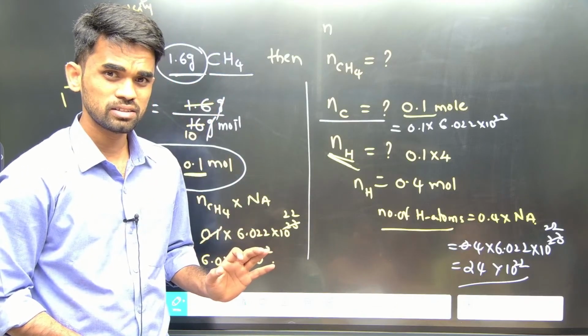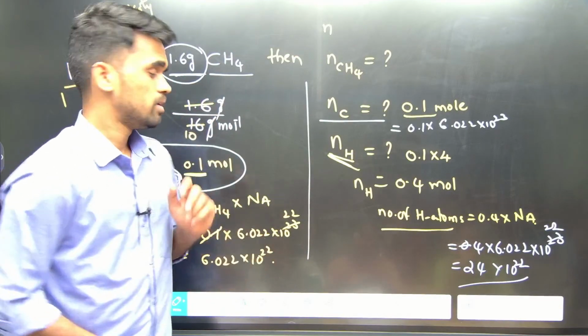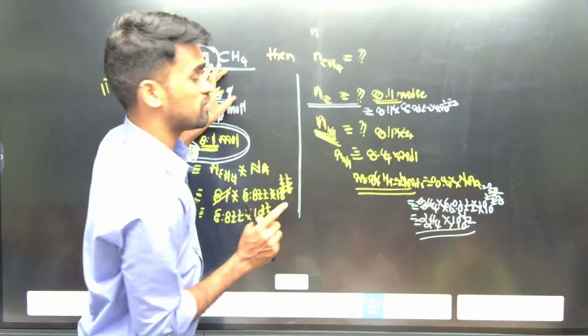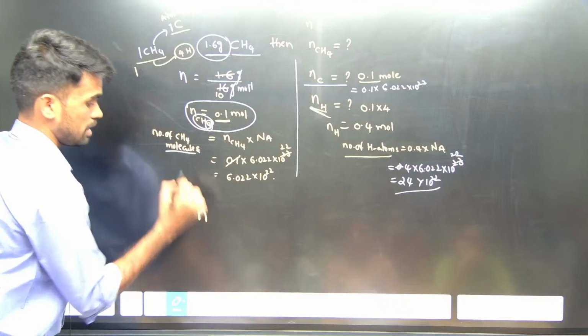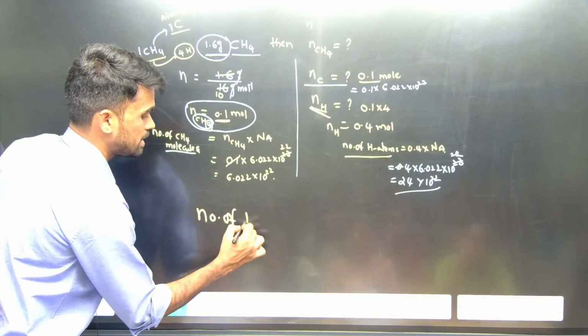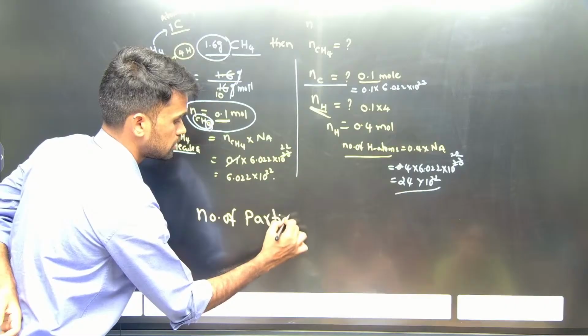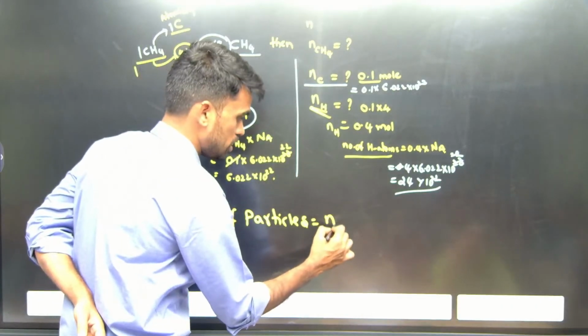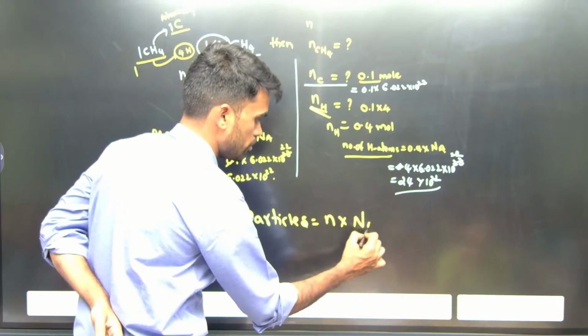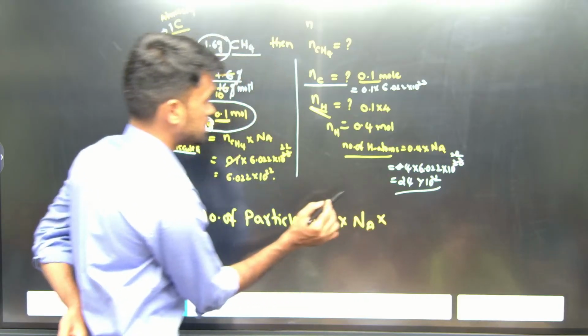Understood, everyone? Okay. So now what is the generalized formula we got here? Number of particles is equal to number of moles into Avogadro number into atomicity.